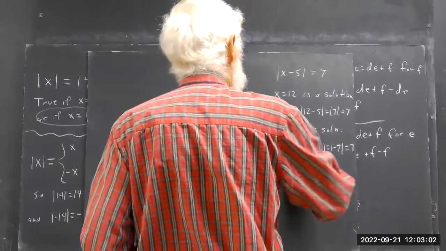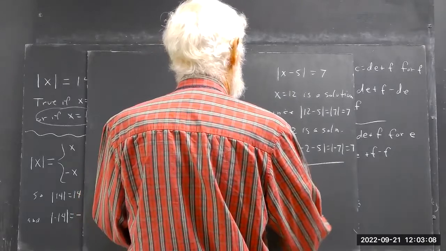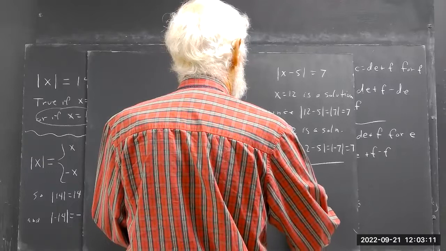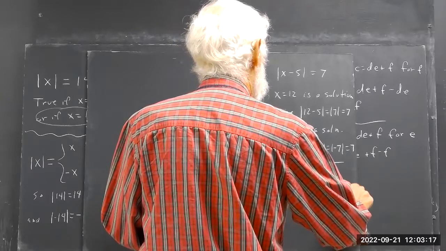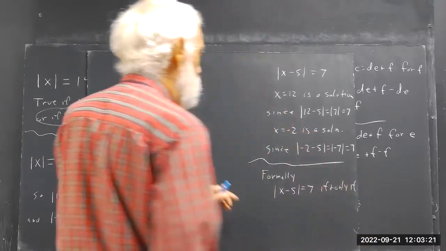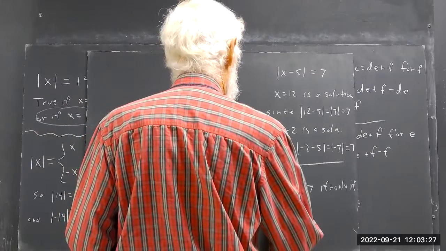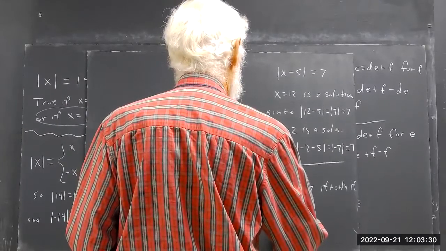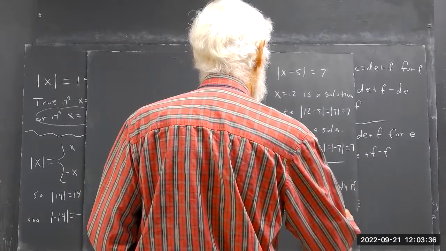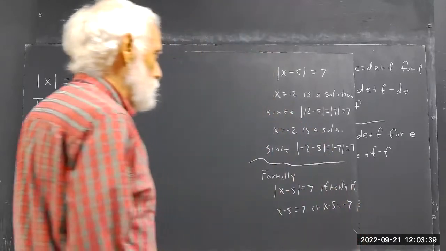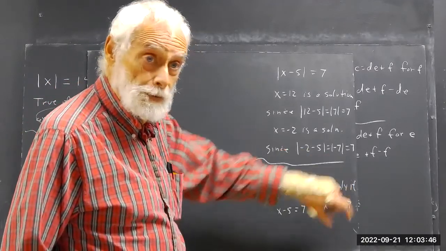Okay, so formally, this is equal to 7 if and only if the thing inside the absolute value is either equal to 7 or it's equal to negative 7.